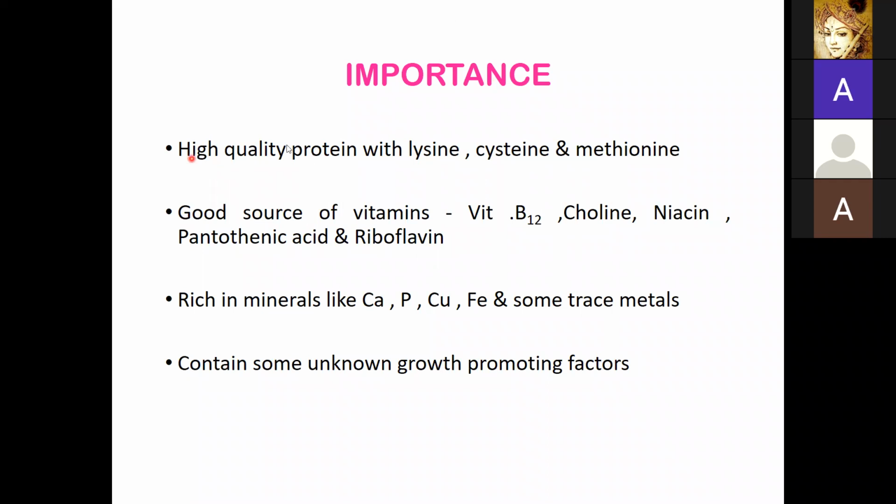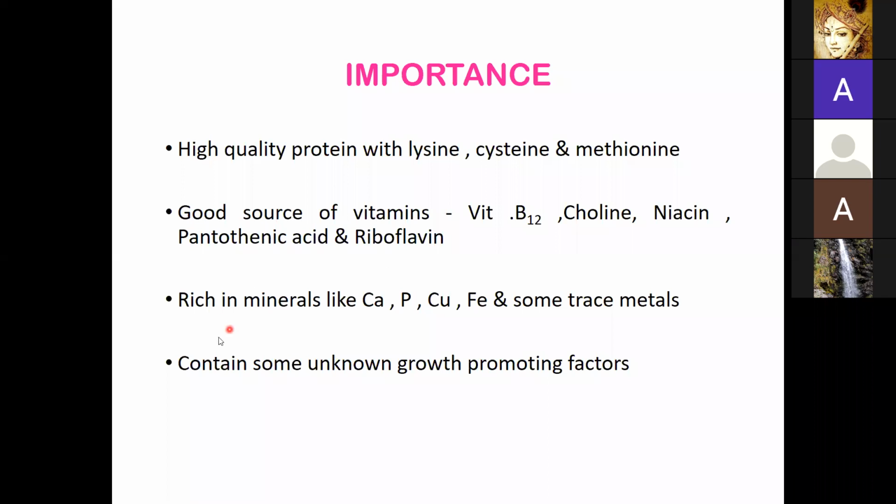So we can use this fish meal and incorporate it in the feed of cattle, poultry, fish, dogs, sheep. Then it is also a good source of vitamins, especially cyanocobalamin, choline, niacin, pantothenic acid, and riboflavin.